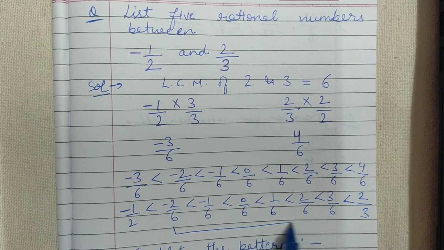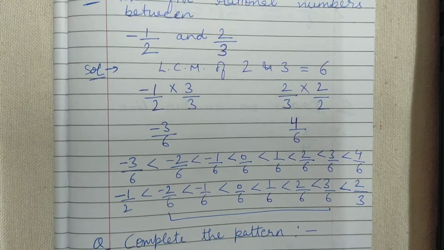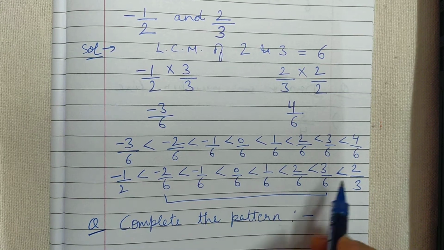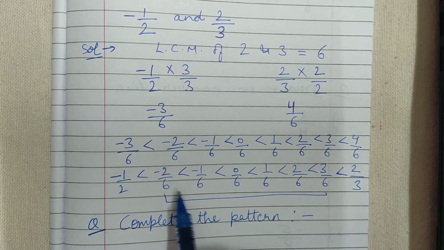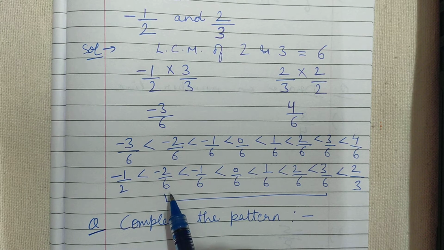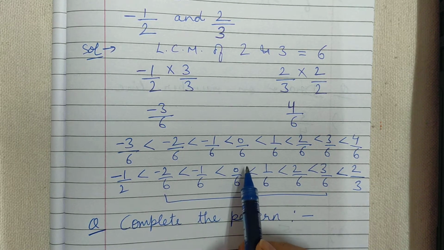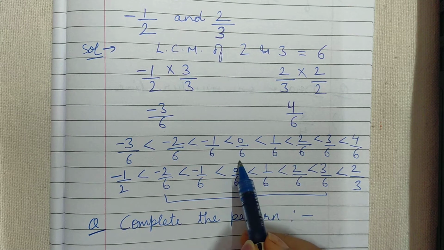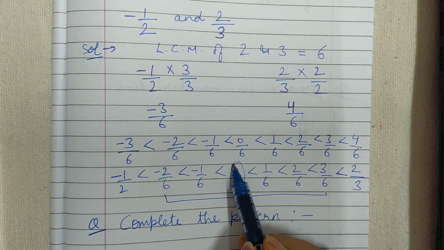Now these are the numbers that lie between -1/2 and 2/3. Now -2/6 you can write in the simplest form, and 0/6 is 0. So you can write 0 also at this place.